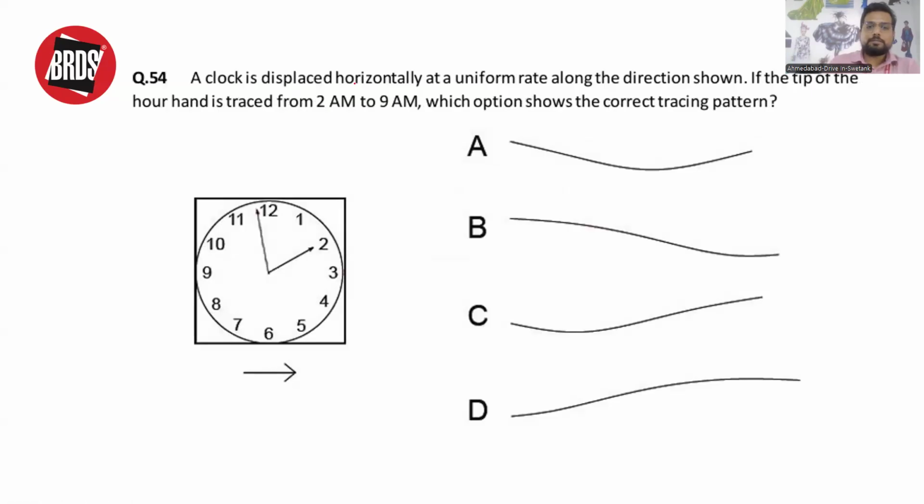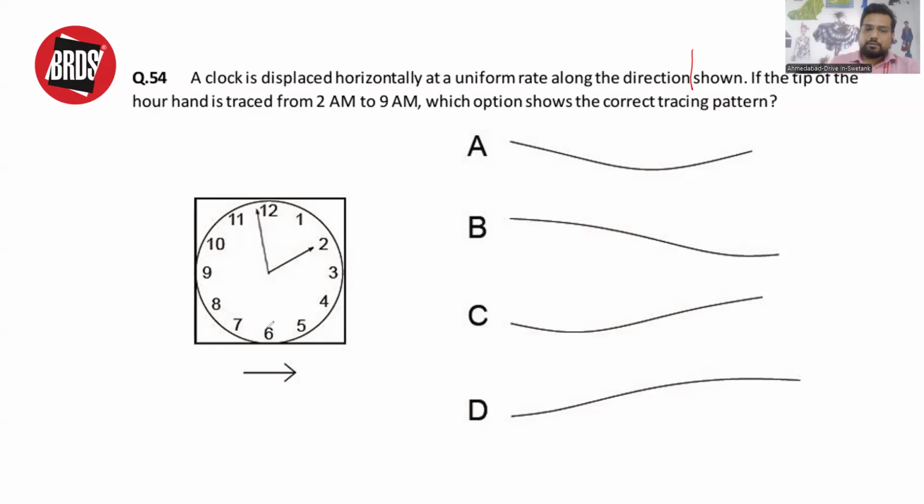A clock is displaced horizontally at a uniform rate along the direction shown. If the tip of the hour hand is traced from 2 a.m. to 9 a.m., which option shows the correct tracing pattern? A very, very simple one.